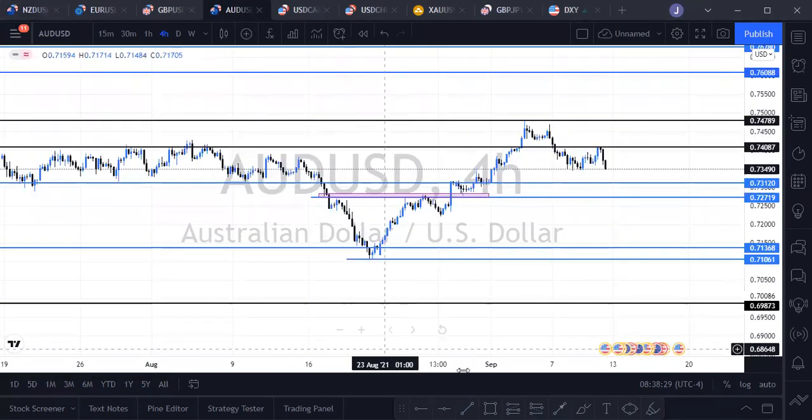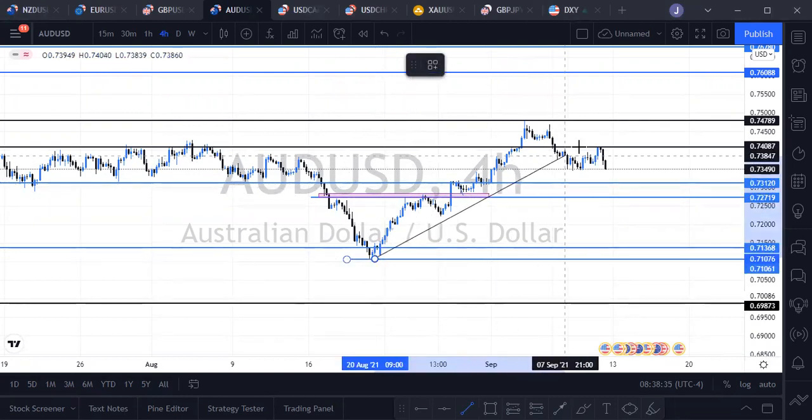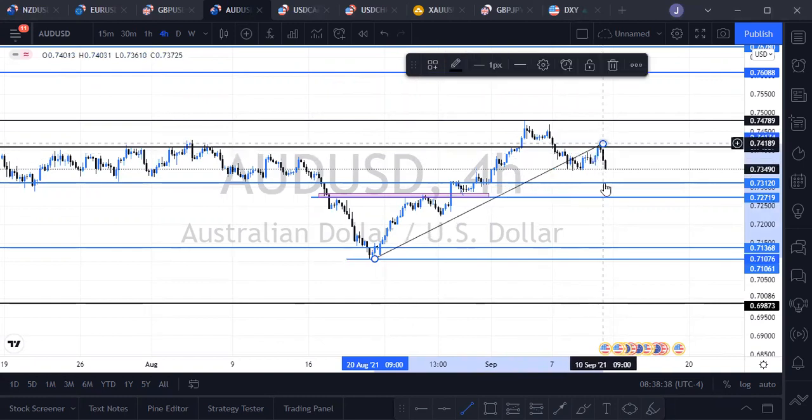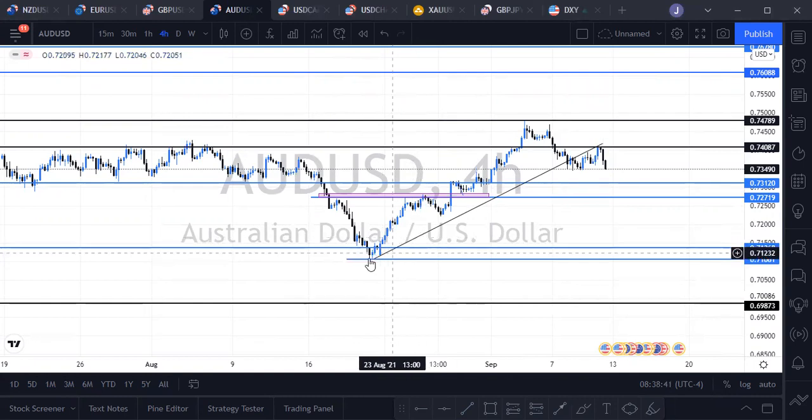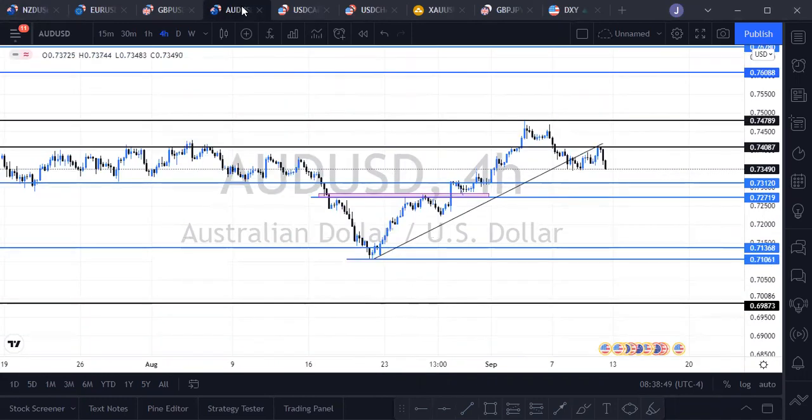Now, on AUD USD, we make use of our trend line also. You see that price has been respecting it also, then breakout and retest. Here now, we have breakout and retest, and also breakout and retest of the trend line.